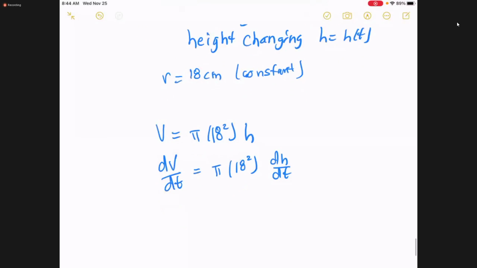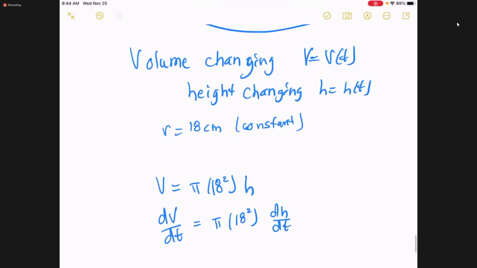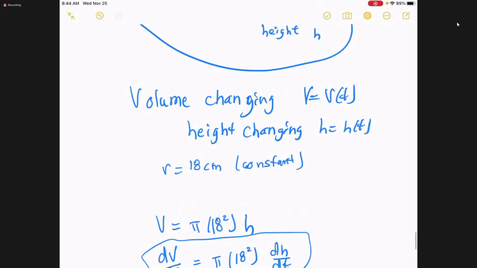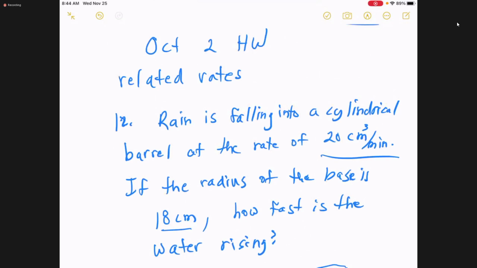So, okay, here are related rates right there. dV/dt is a rate, dh/dt is a rate. They are related by this equation. And let's see, we were given dV/dt. That's how fast the volume is changing.